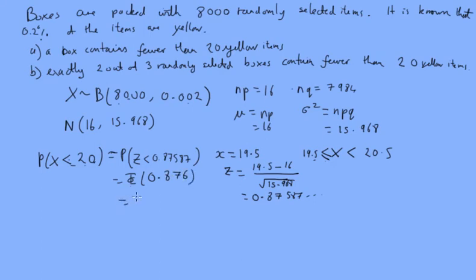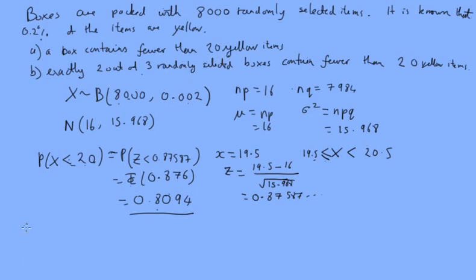Reading that off the table, you'd get 0.81. So that's the probability that a box contains fewer than 20 items.